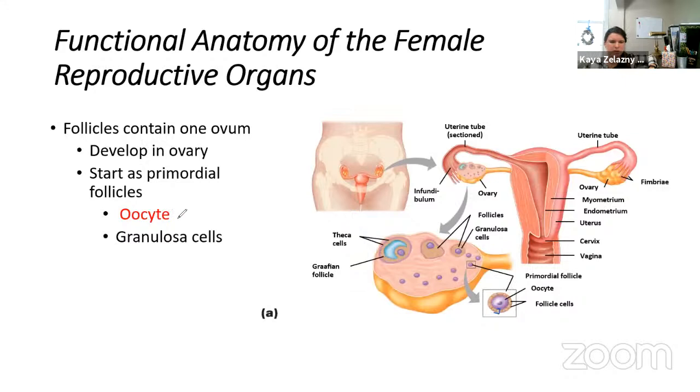We're often going to be talking about the oocyte versus the granulosa cells. So the granulosa cells are referring to cells in this outer layer. And we talk about granulosa cells more in the middle sections of development, right? So we don't usually talk about them using that term in primordial follicles, but they're what that layer is turning into.